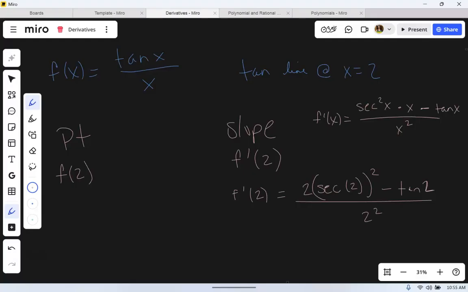Push the button that says mode and make sure radians is highlighted. You get 5.77. Now hit minus, and it should say answer minus tan 2. Enter. And now divide by 2 squared.